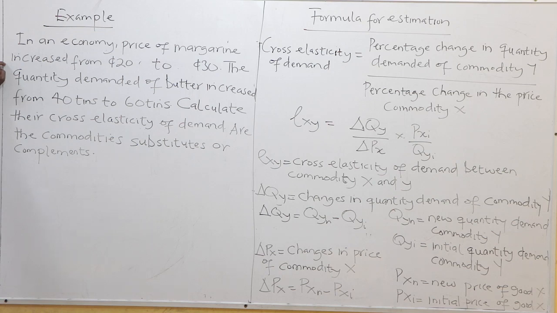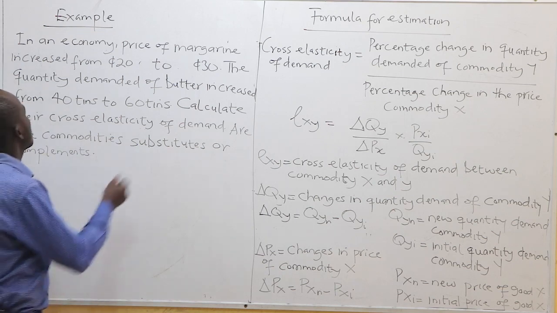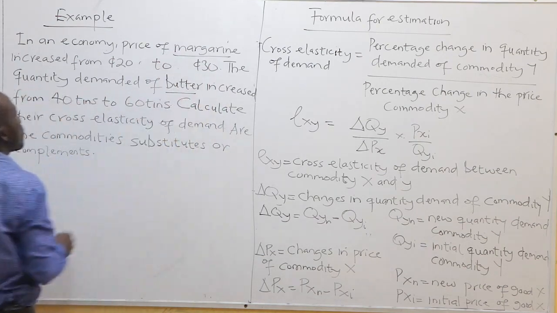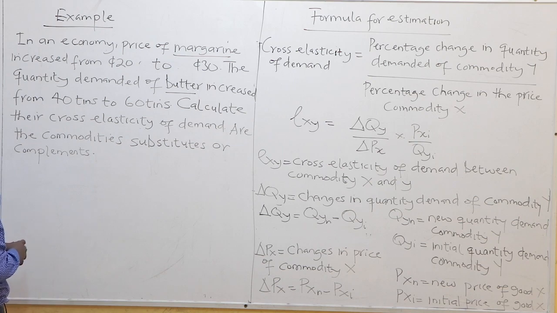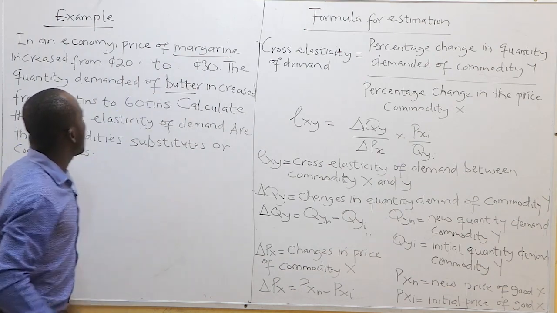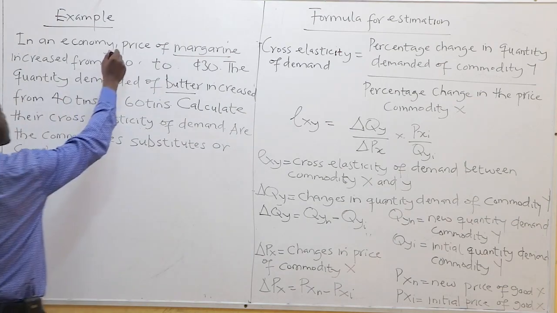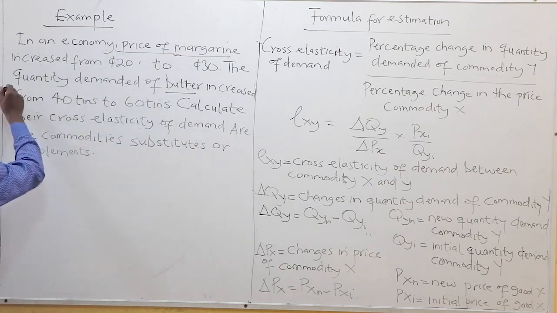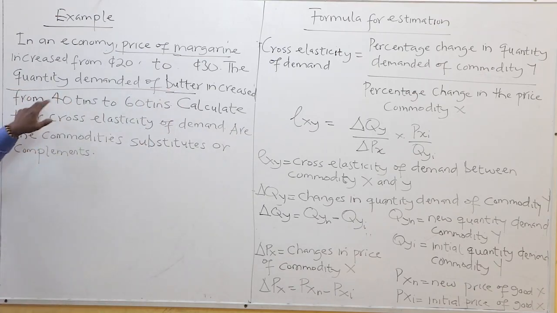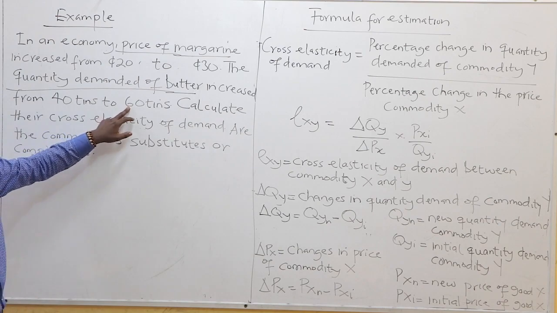What are we saying? We have seen how many products? Two products. Margarine and what? Butter. The price of what? Margarine increased from where? 20 to 30. And the quantity demanded of butter also increased from 40 tins to 60 tins.